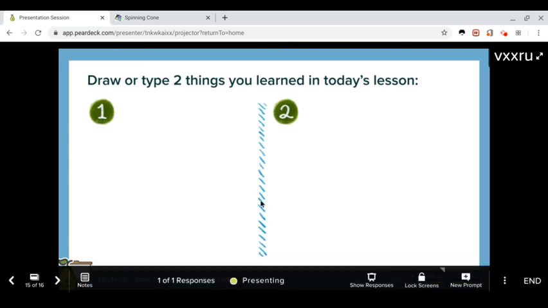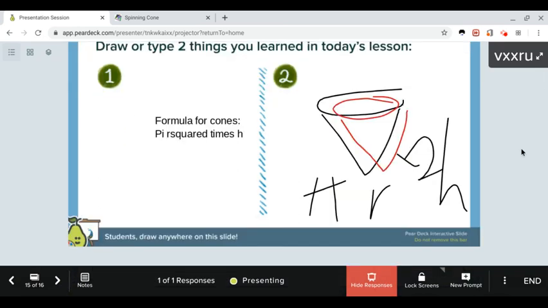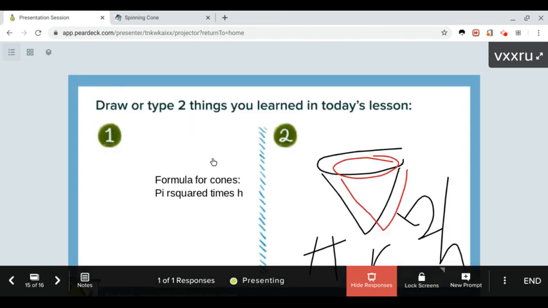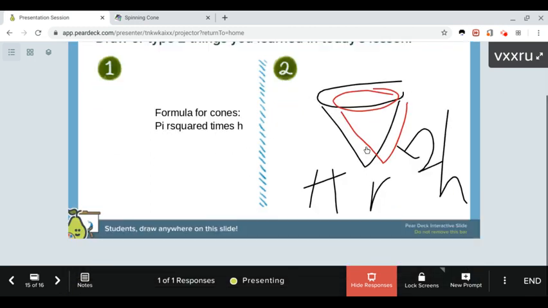Okay, so I'm going to show you what I've done, and pretty much this is what you have. You can either type it, or you can draw it, or you can do a combination of both, which is what I did. So here I found the formula for cones, pi r squared times h, and then I just drew my cone. That's just one of the things.